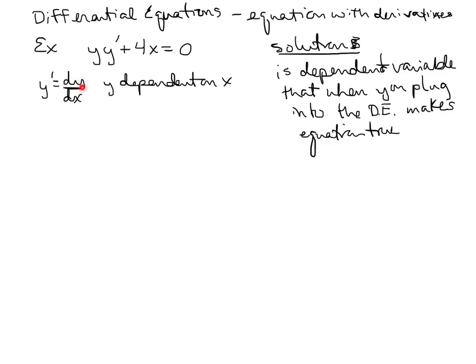So basically, the variable that you're taking the derivative of is the dependent one. And so that's your solution. The solution is a y value, a dependent variable, and a solution to this is root 12 minus 4x squared. That is a solution to this differential equation.